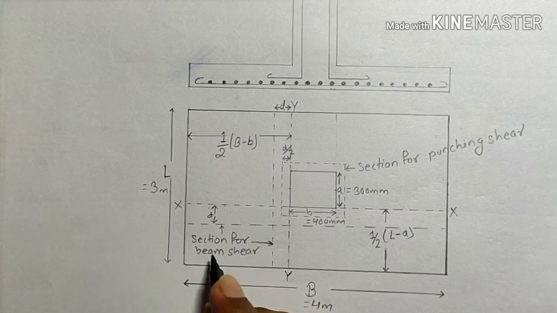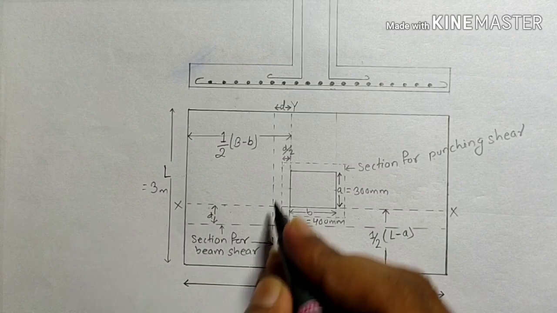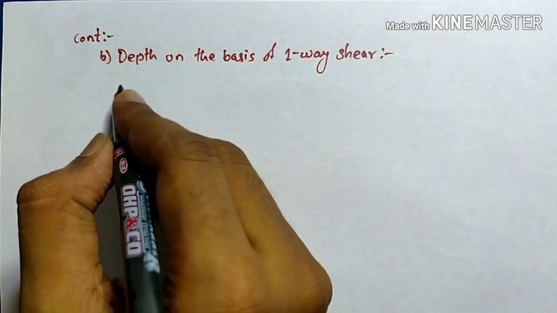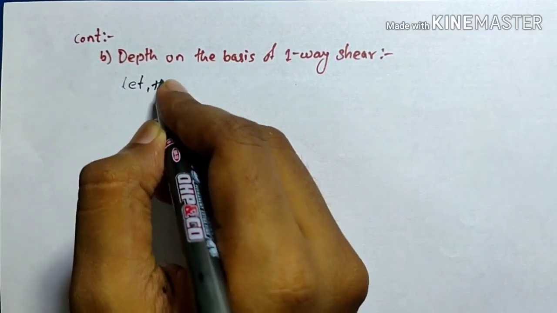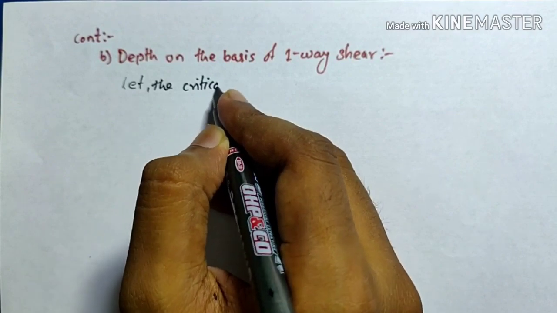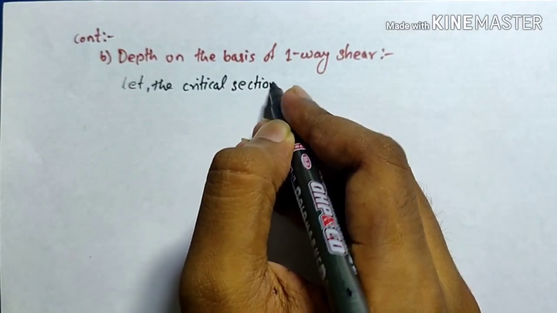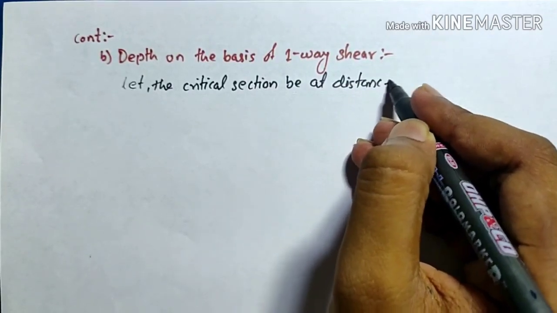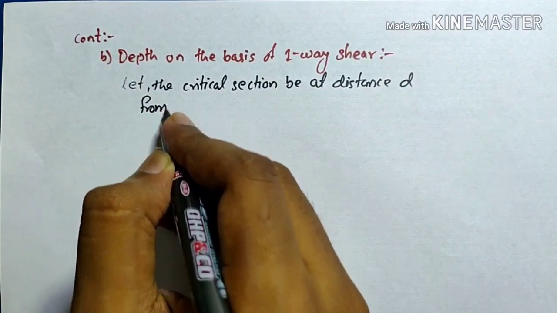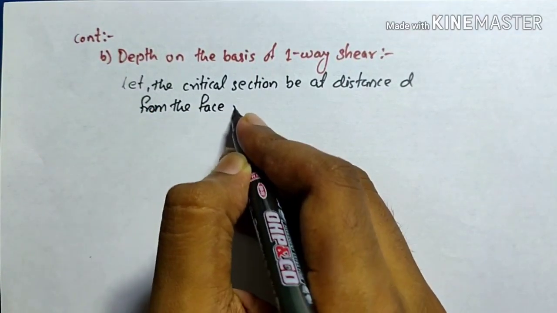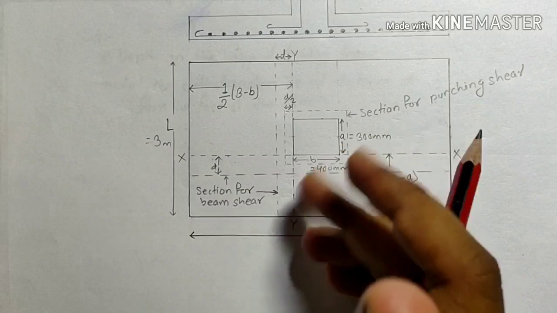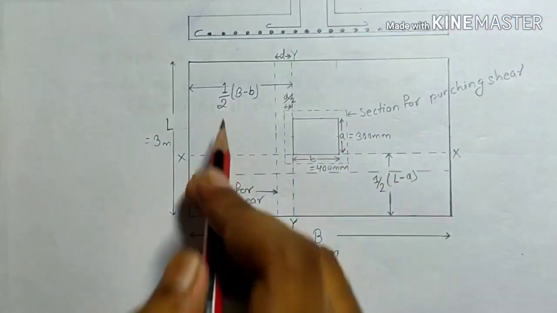This is our beam section for the beam shear, which is at distance d from the face of the column. So let's write it down. Let the critical section be at distance d from the face of the column, and our moment about the y-axis was greater, so we need to take this span.